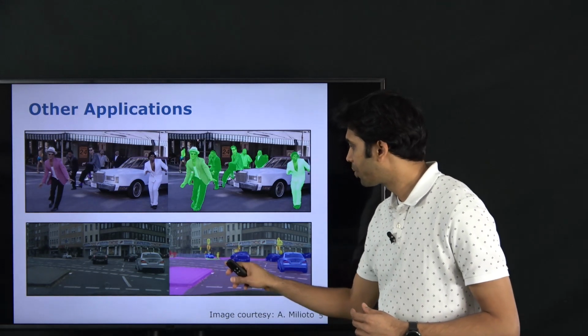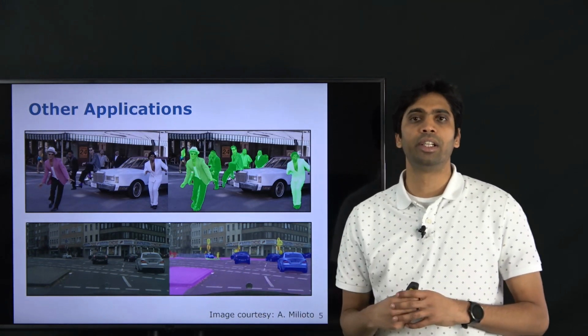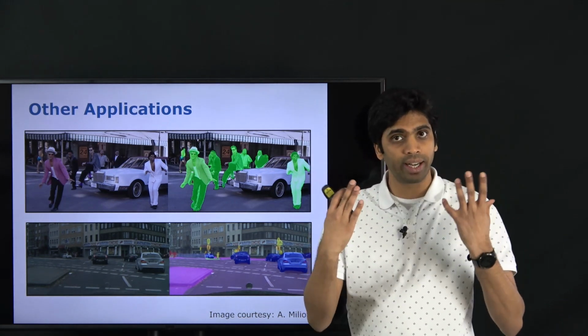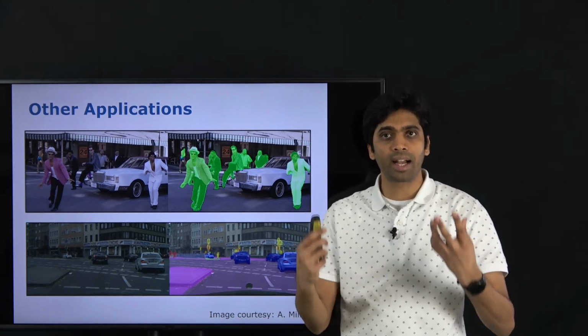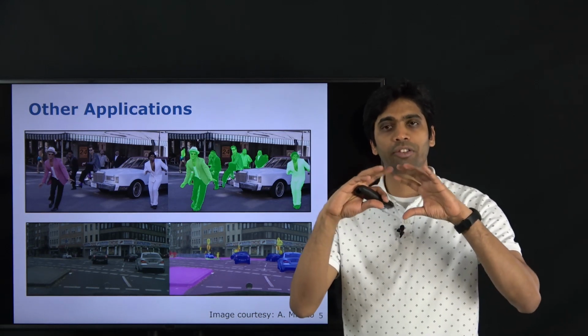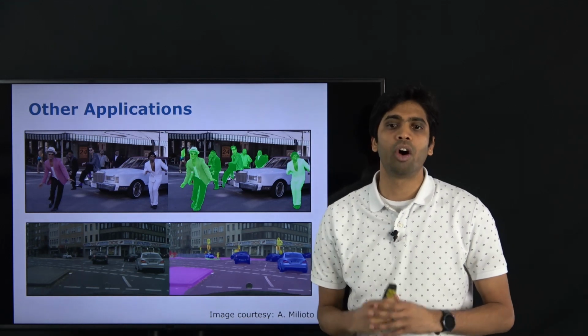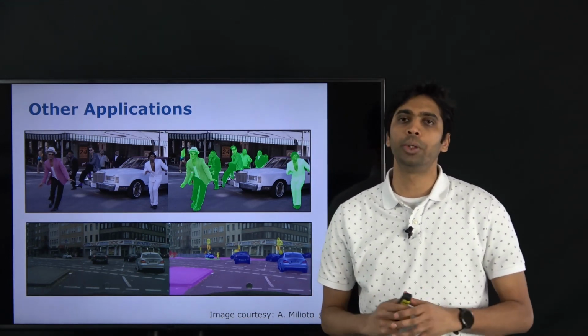Then we have lampposts, people, etc., which are also being detected here. So the idea is to take in the raw data, in this example an image, and spit out different semantics, or understand what the different components of this image are. And these are some examples of what a classification system can do.